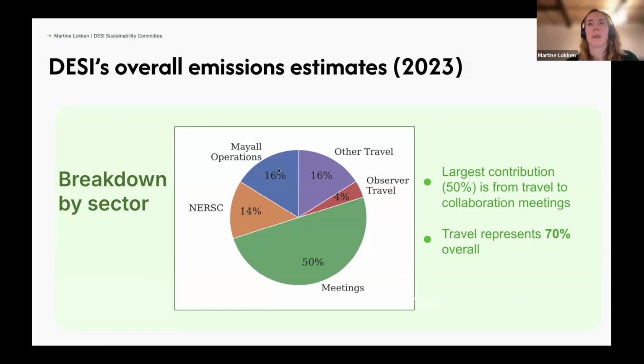We can get the energy bills for the mountain, but what we got was divided into operations for some other telescopes besides just DESI, so we had to track down exactly what was going to DESI and what was going elsewhere. And of course, the folks on the mountain are in general very busy, keeping things running and doing important work there. So I would say that was a more challenging aspect, but we ended up with a reasonably confident estimate there.